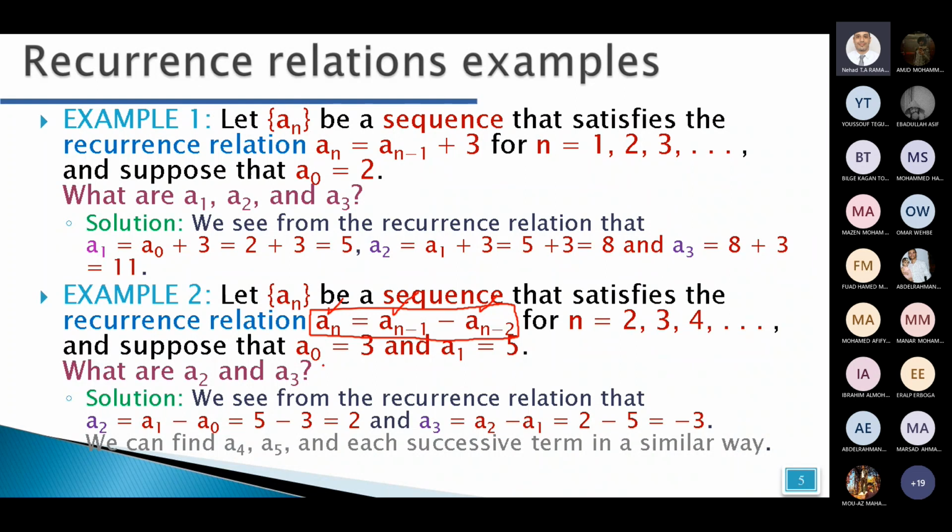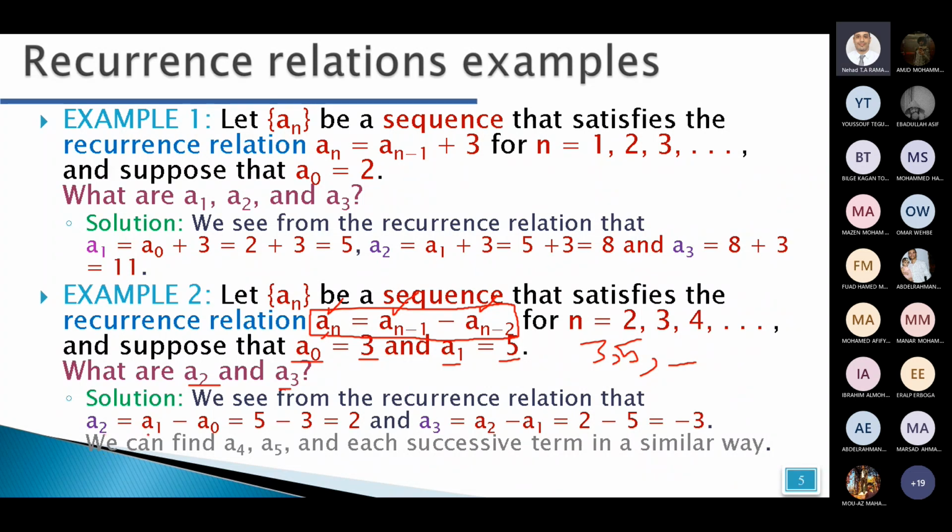And we start from a naught equal 3, a1 equal 5. So the first two elements in the sequence are 3 and 5. What's the next element? It's easy to get. We said that each element is the difference of the previous two elements. So we need to get A2 and A3, because we already have A naught and A1.